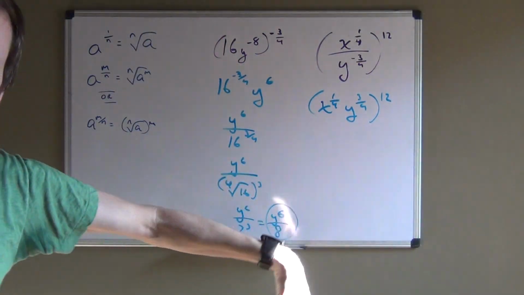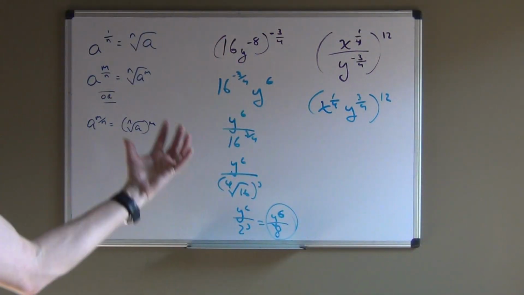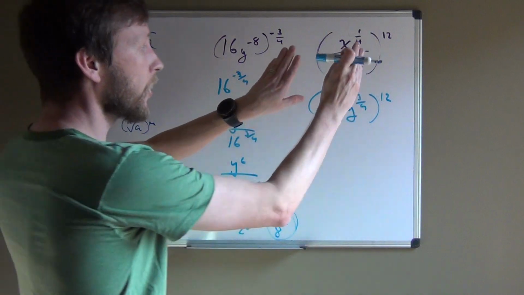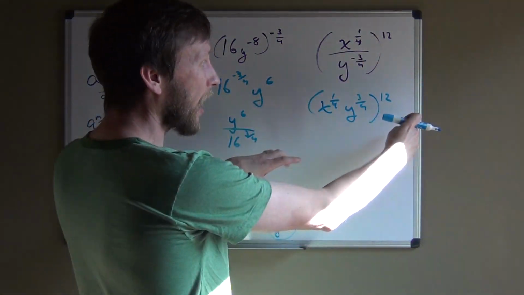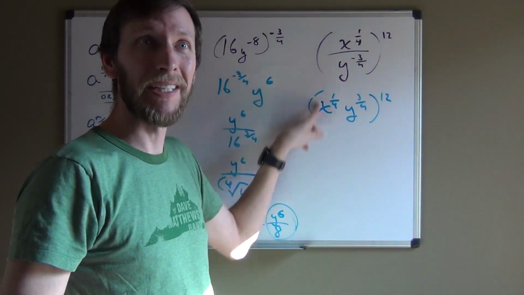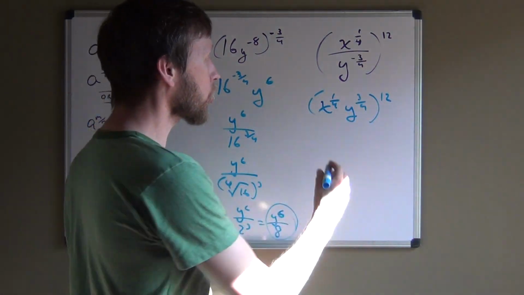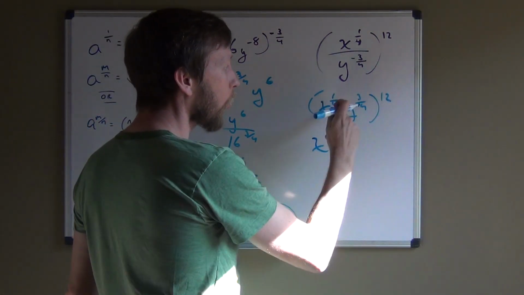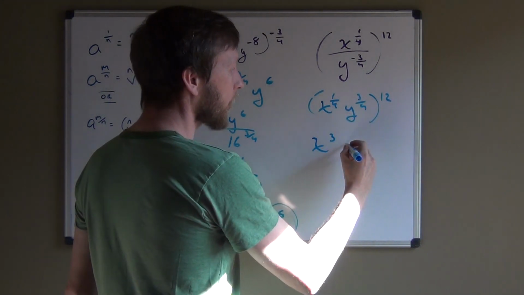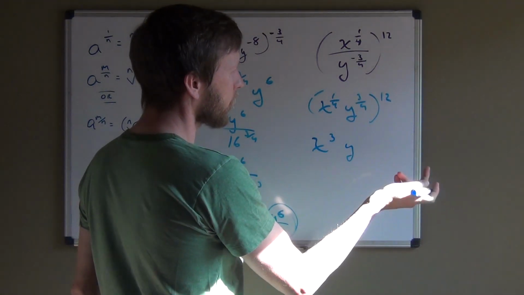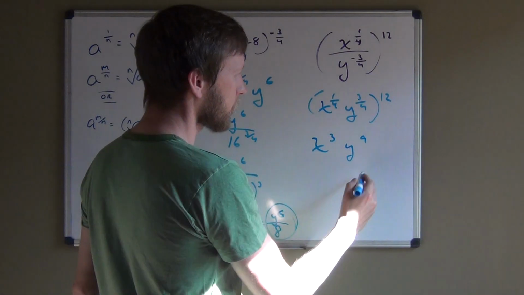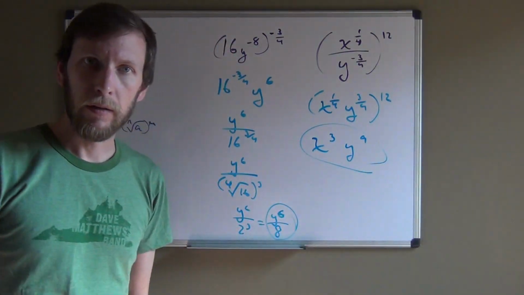Bring that negative exponent to the numerator and make it positive. And now we're going to take the product of powers to a power, which means we're going to give the power to each of the factors, and when we take a power to a power, we're going to multiply. So I have x to the 1/4 of 12 and y to the 3/4 of 12 to get our final form.